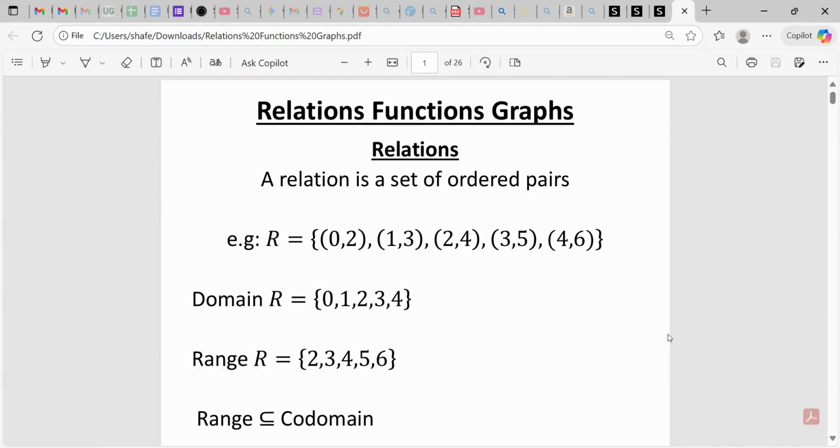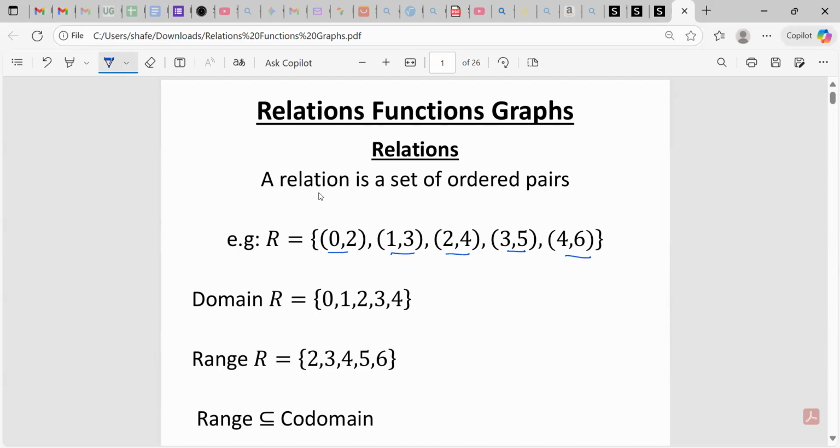And then within the set, each member is basically an ordered pair. As you see here, this is a pair, that's a pair. So the set is made up of these pairs, right? Each pair is a member of the set.